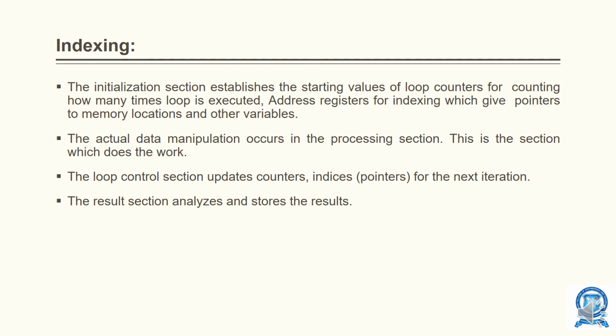Similarly here, in the initialization section I need to set the count values. The actual data manipulation occurs in the processing section. This is the section which does the work. The loop control section updates the counter and pointers for the next iteration. The results section will analyze and store the result. Thank you.